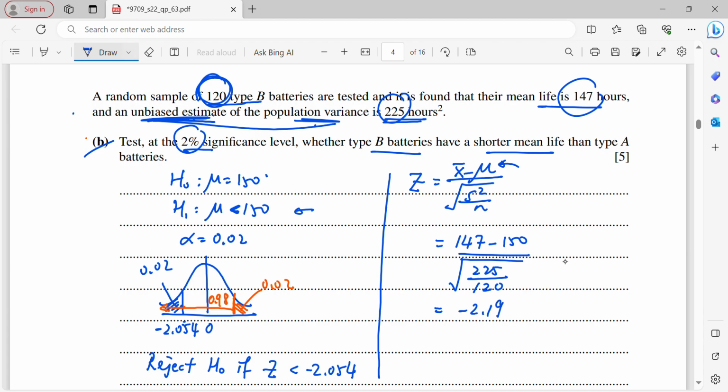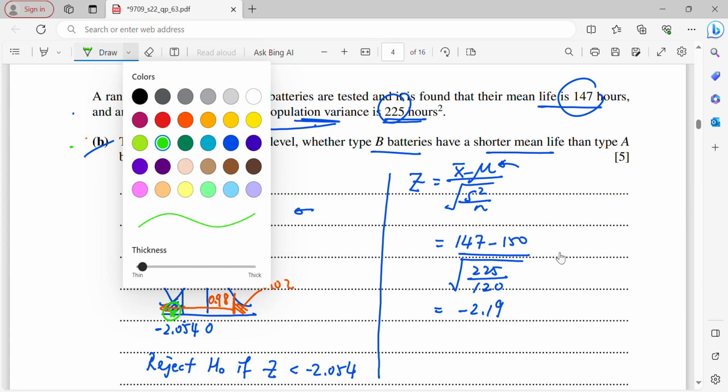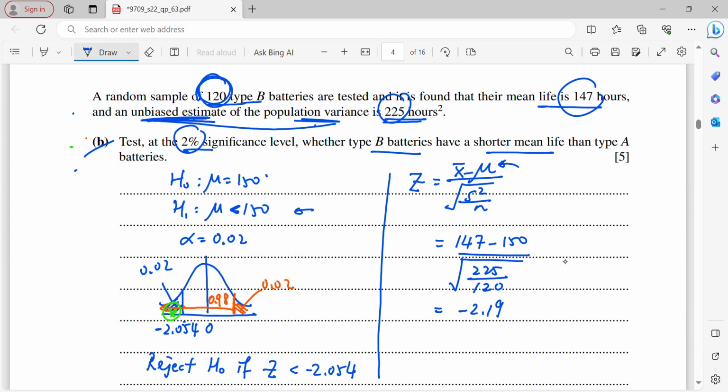So this negative 2.19, I will mark it on the graph, which is inside the region. Therefore, I will write, since Z is less than negative 2.054, we reject H naught. That is the decision.